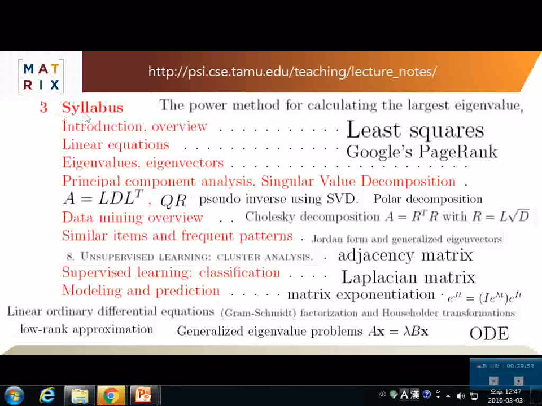Okay. This is a syllabus from another, similar course, and it covers linear systems of equations, eigenvalue problems and eigenvectors, PCA (principal component analysis), singular value decomposition, an introduction to data mining, pattern analysis, and cluster analysis, which is unsupervised learning.